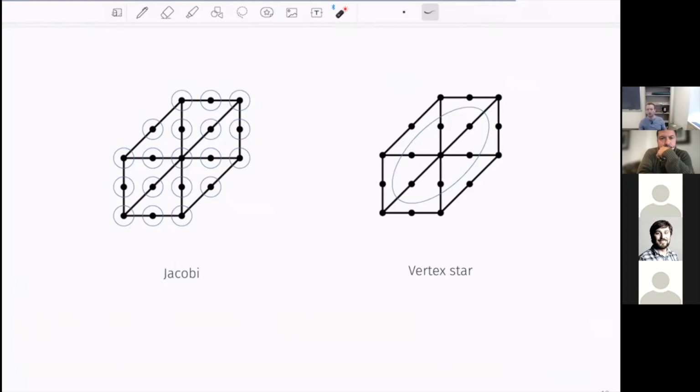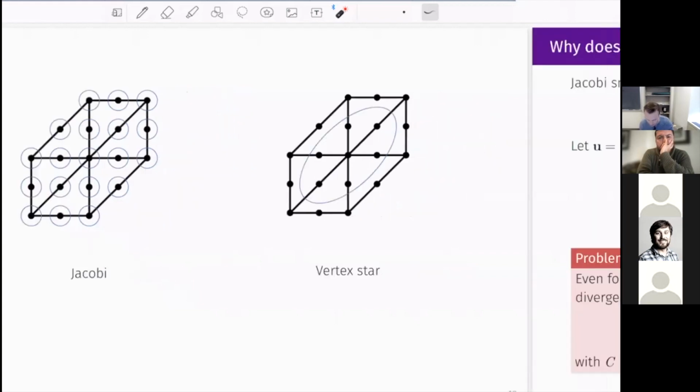For the vertex star, the domain is a little bit bigger, so you hope that it's a better approximation to the global problem. But then now you have to solve a 7-dimensional system, right? So we want to keep the spaces as small as possible, but still have good approximation quality. And one can essentially prove what exactly the smallest possible size for these subspaces is.